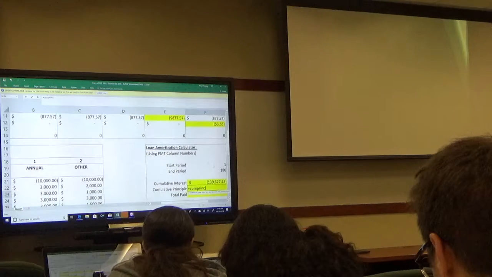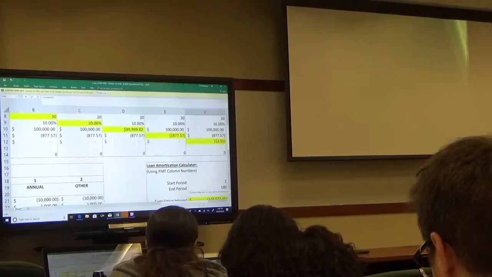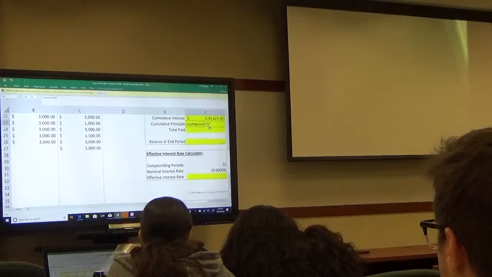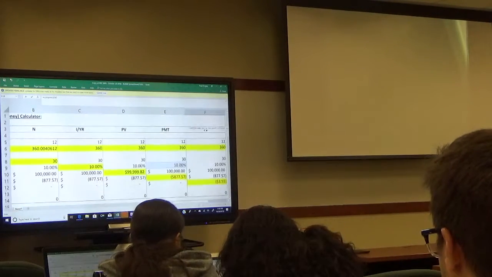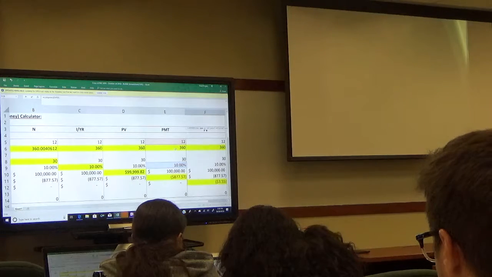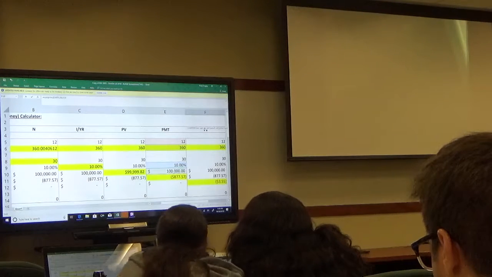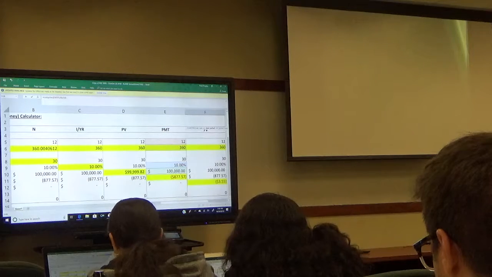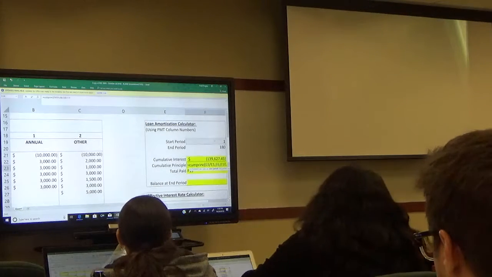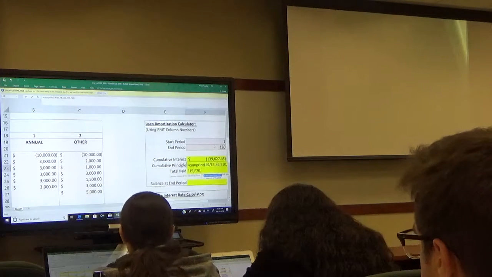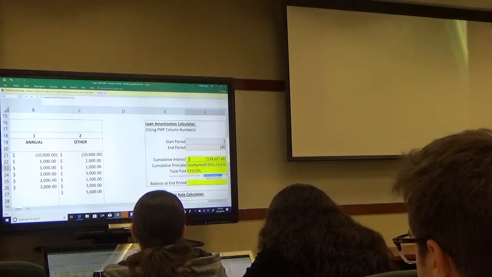So once again, you're going to go up, get the rate divided by 12, comma, number of periods total, comma, present value, comma, start period, comma, end period, comma, and the type.